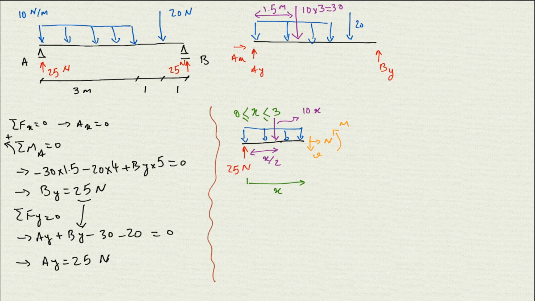And in that case, if I go ahead and start to write the equilibrium equations. So if I write here the sigma Fx is 0, it gives me that the N is 0.